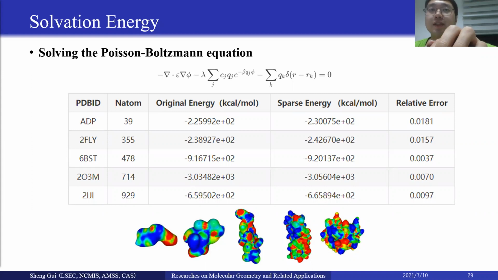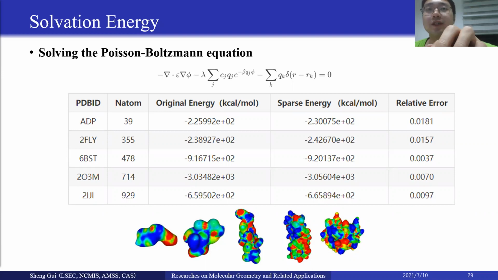This table shows that AFMPB can converge and produce the correct results using the sparse represented surface, and the calculated solvation energies are close to the results using the original surface.